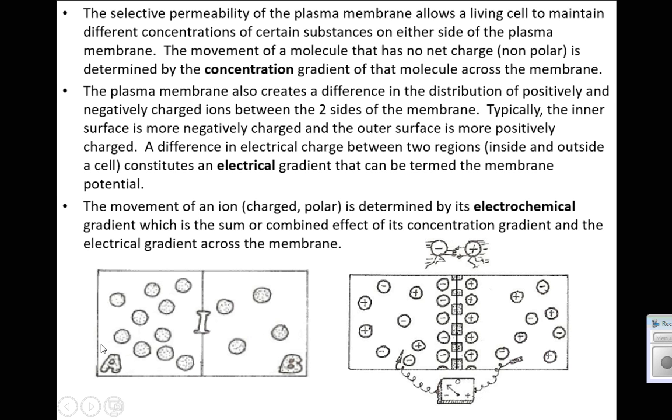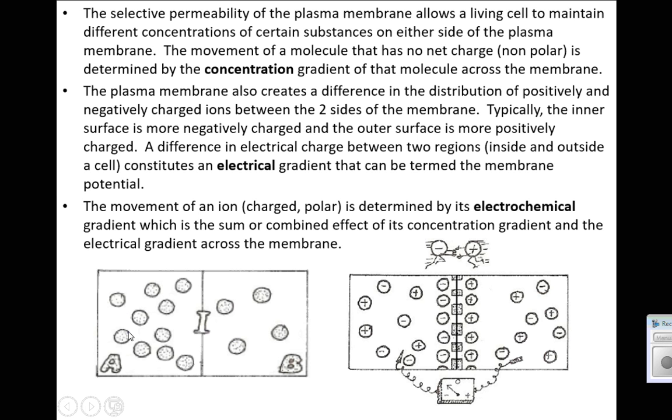There's more in letter A than there is in letter B, right? If we are going down the concentration gradients, which direction are we going to go? When I say from high to low, are we going to go from A to B or B to A? A to B. That would be an example of passive movement, which does not require energy.